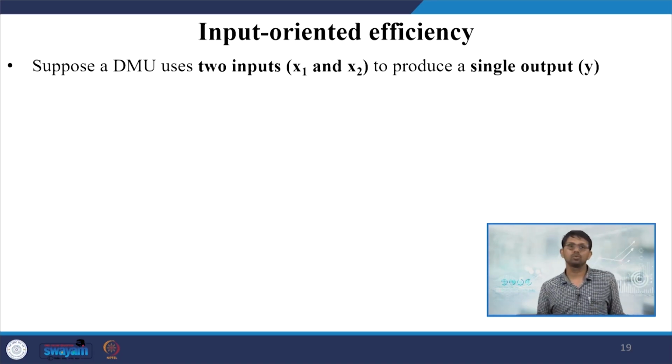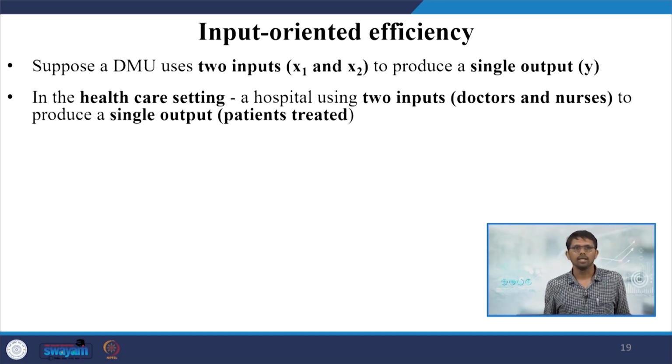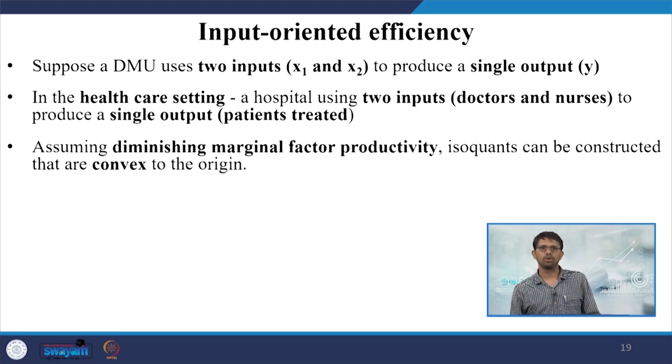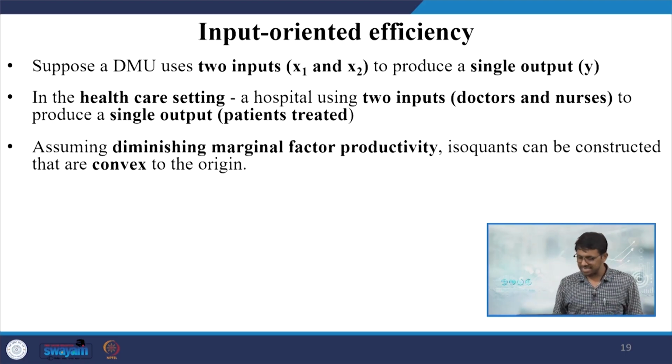Suppose a DMU uses two inputs, x1 and x2, to produce a single output, y. In a healthcare setting, maybe a hospital uses two inputs, such as doctors and nurses, to produce a single output, patient treatment. Assuming diminishing marginal factor productivity, isoquants can be constructed that will of course be convex to the origin.